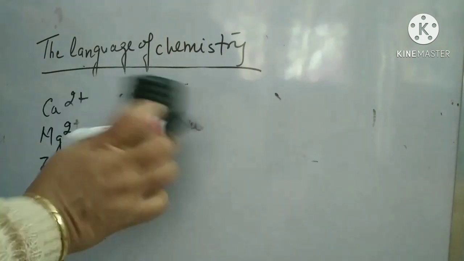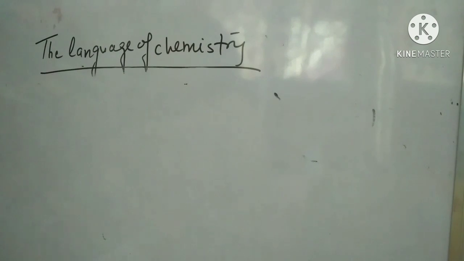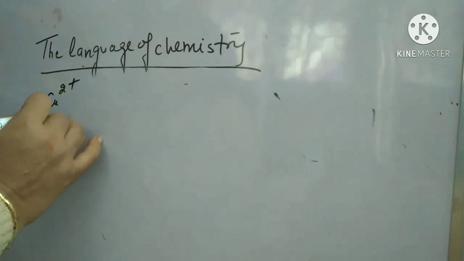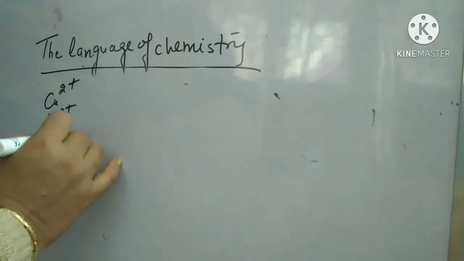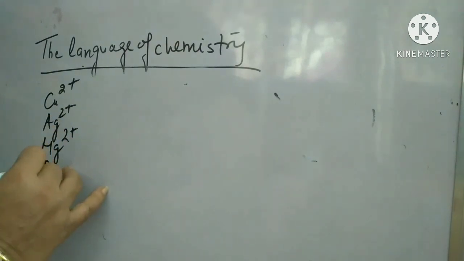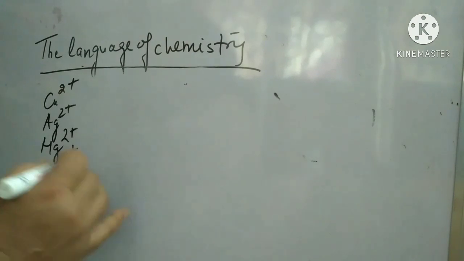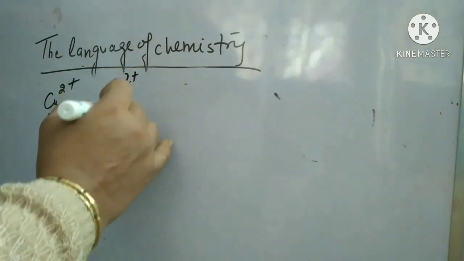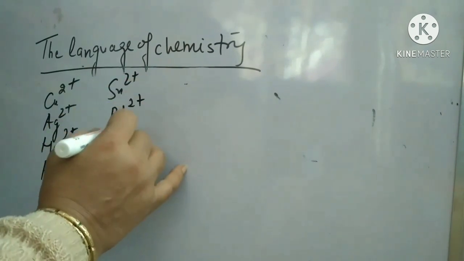Now if we say about the elements which possess variable valency, so for that, for copper it is cupric Cu2 plus, argentic Ag2 plus, mercuric Hg2 plus, ferrous Fe2 plus, plumbous Pb2 plus, stannous Sn2 plus, platinous Pt2 plus, and manganese Mn2 plus.